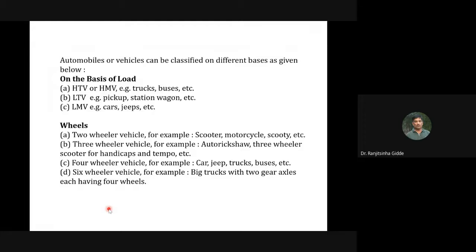As a mechanical engineer, you should know each of these components in vehicles, or you should aspire to learn those terms. Then the three-wheelers: auto rickshaw, three-wheeler scooter for handicapped people, and small tempos. In Marathi, you know the tum-tum, right? That is an example of a three-wheeler. Sometimes we come to college through those tum-tums or small rickshaws.